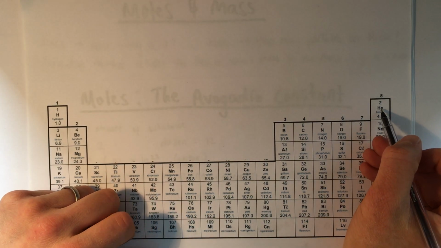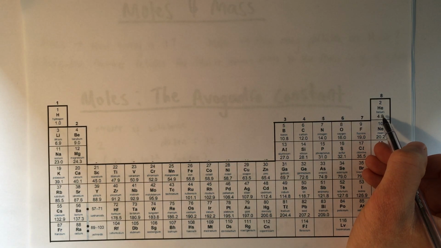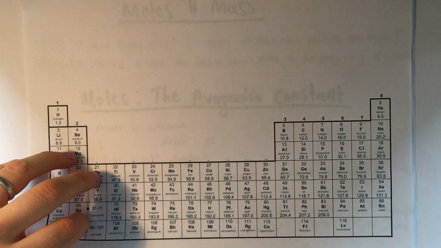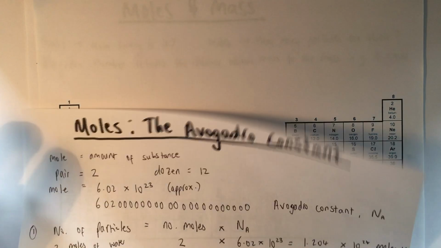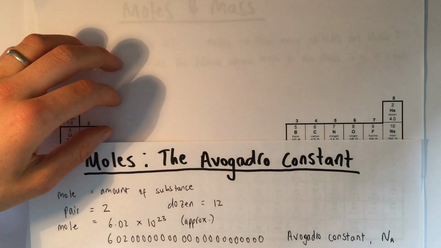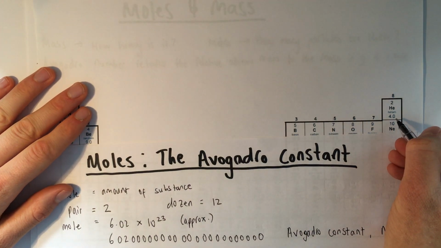Here's helium. Its relative atomic mass is 4. And we know that that is because each atom has got 2 protons and 2 neutrons in the nucleus. But if we had this number, 6.02 times 10 to the power of 23, of helium atoms, it would weigh 4 grams.